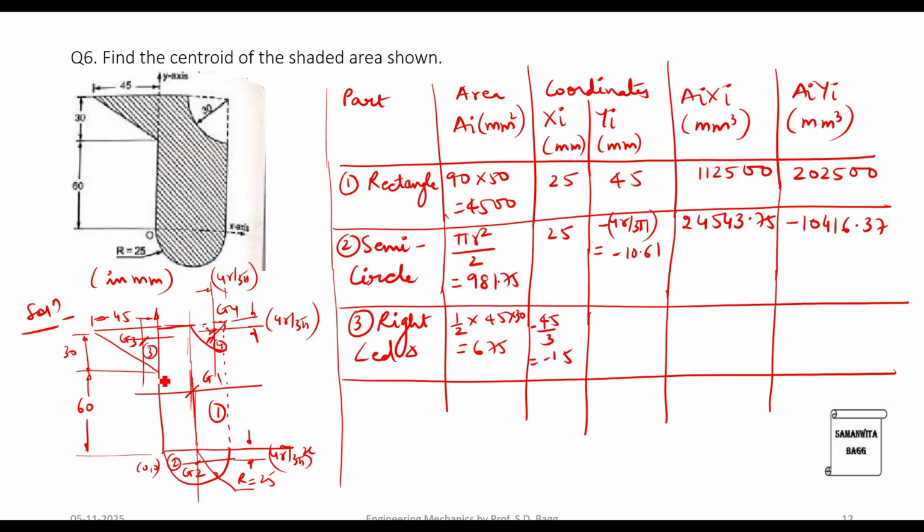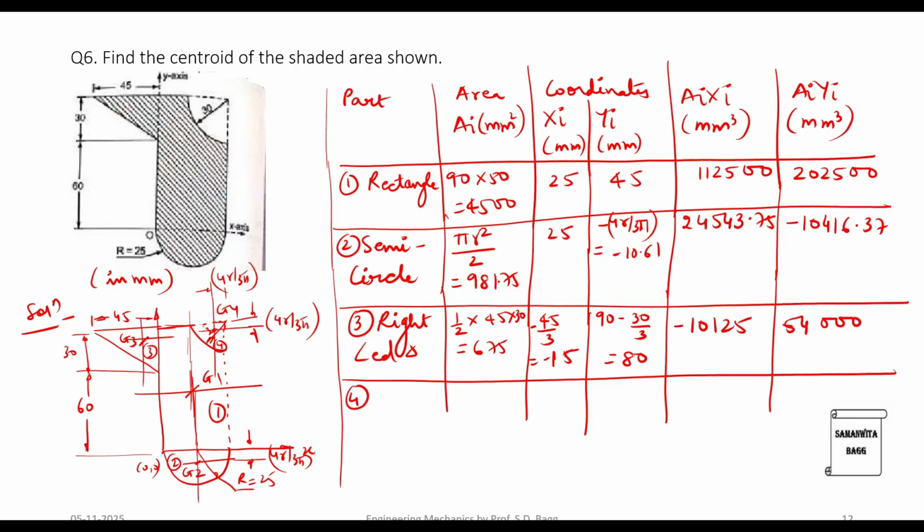You see this is 60. This is 30. So total of 90. This gap is 1/3 of 30, which is 10. So we have 90 minus 10, or you can write 90 minus 30 by 3. So this makes it to 80. Then we have to just multiply. So this becomes minus 10125. This is 54,000. This is minus 15.